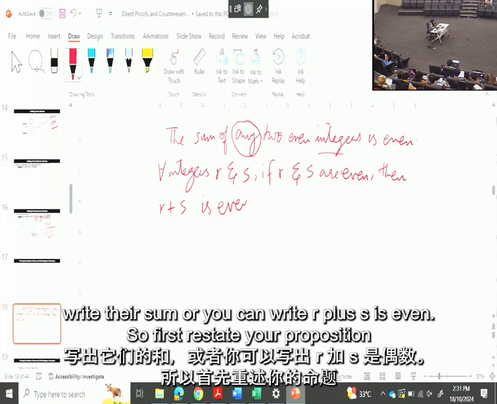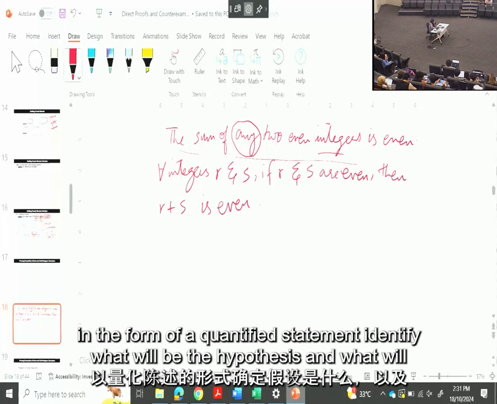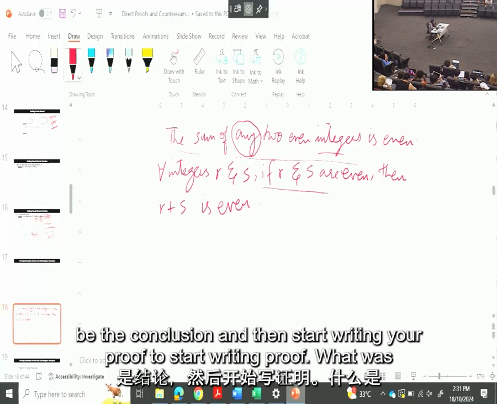First restate your proposition in the form of a quantified statement, identify the hypothesis and the conclusion, and then start writing your proof.